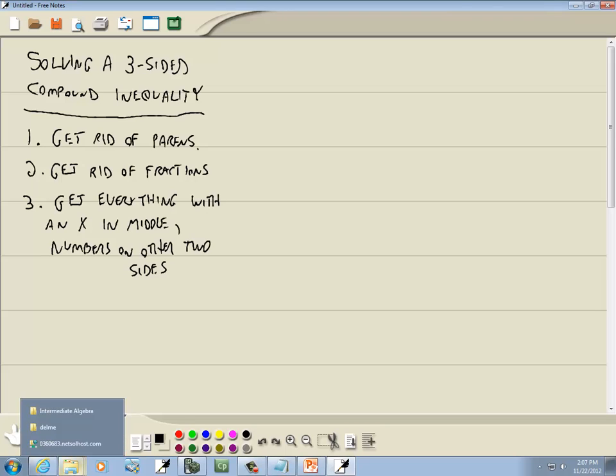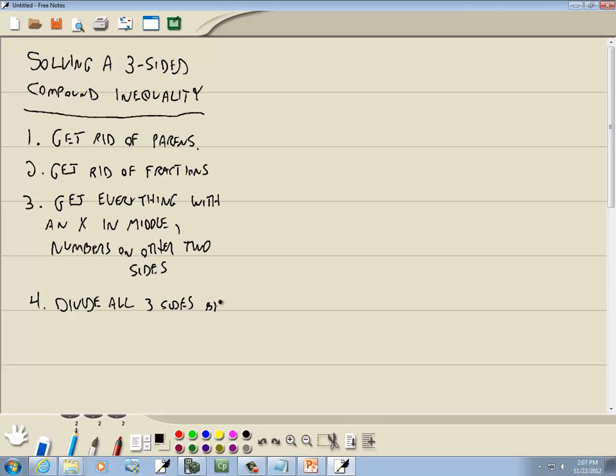Because we've got 3 sides we've got to worry about now. Step 4. Divide all 3 sides by the number in front of the x.